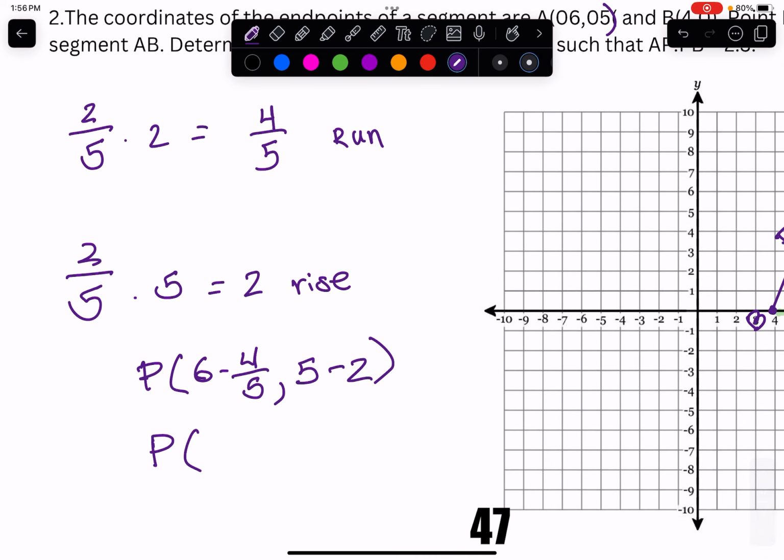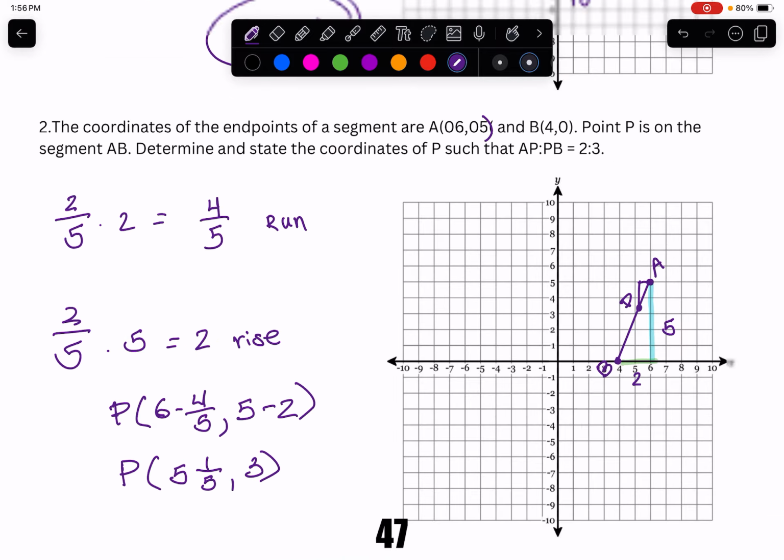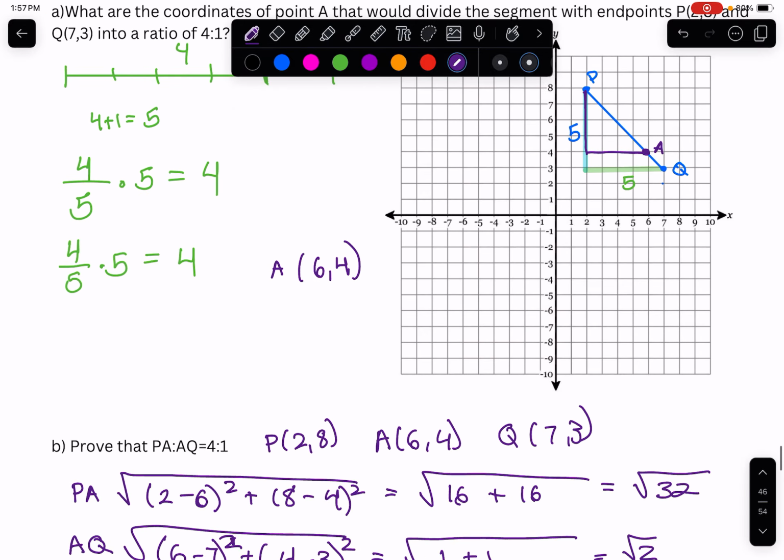So it's P, which is, let's see, so it's going to be 5 and 1/5, 3. And that's how we partition a line.